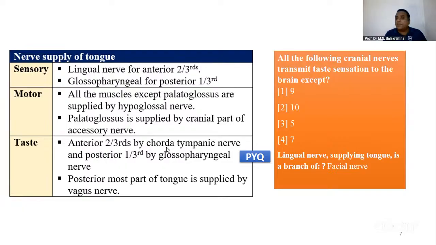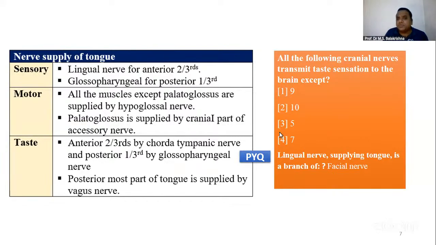Then chorda tympani nerve is the branch of the facial nerve for anterior two-thirds, taste sensation special, and the posterior most part of the tongue is supplied by vagus. So this is the exact correct answer, right? Don't get confused. In some other places, some other answers may be given. This is what you have to stick to.